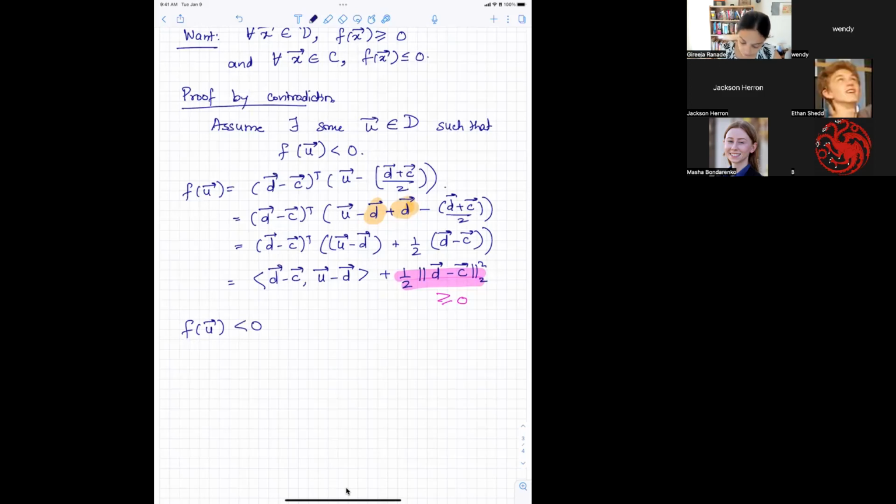So this implies that this inner product, D minus C, u minus D, had better be strictly less than 0. Does everyone see that? Yes? No?